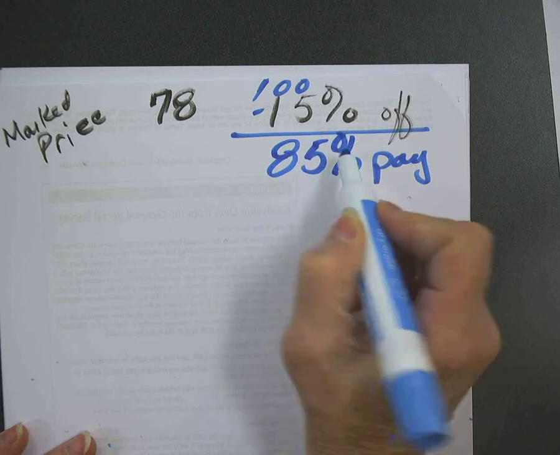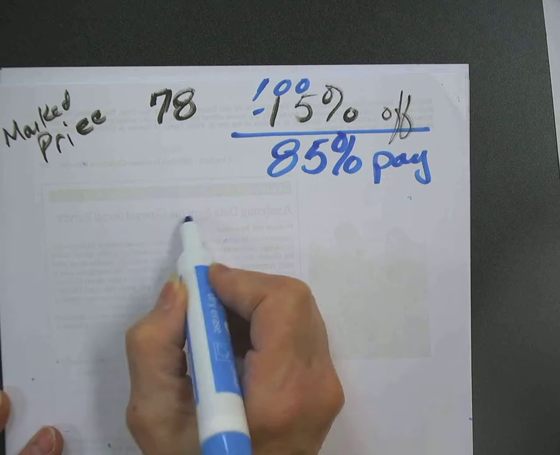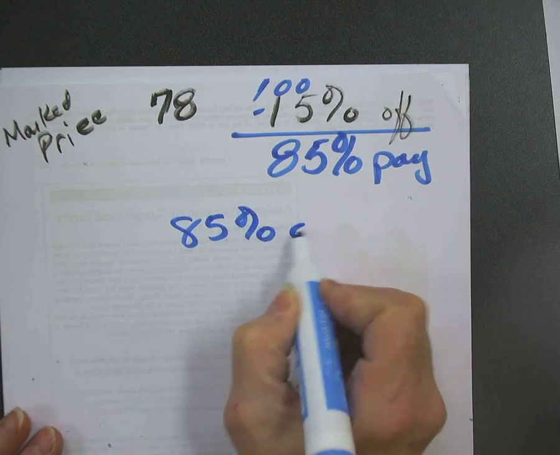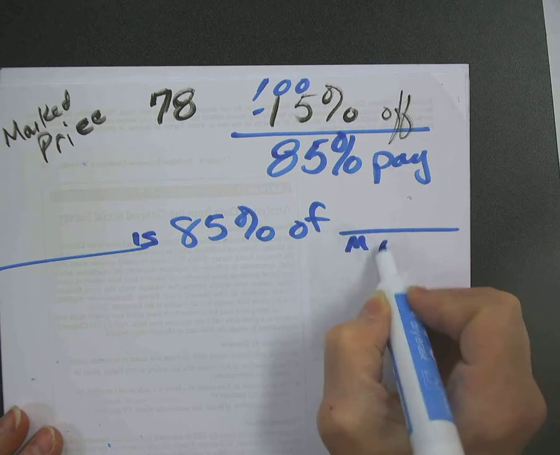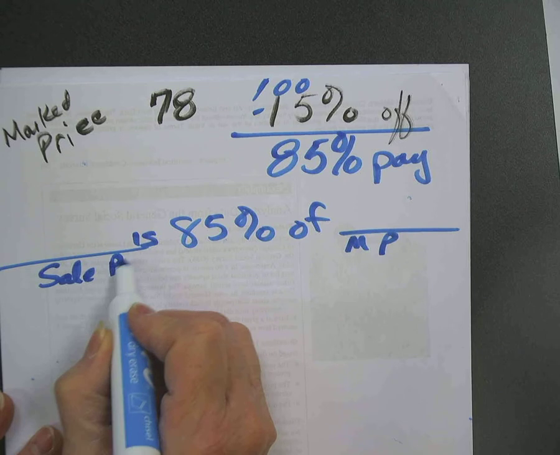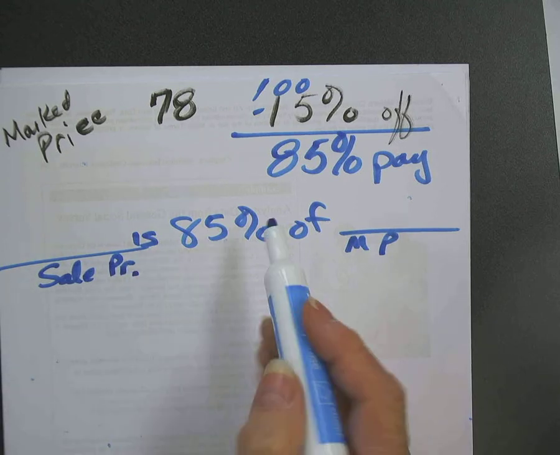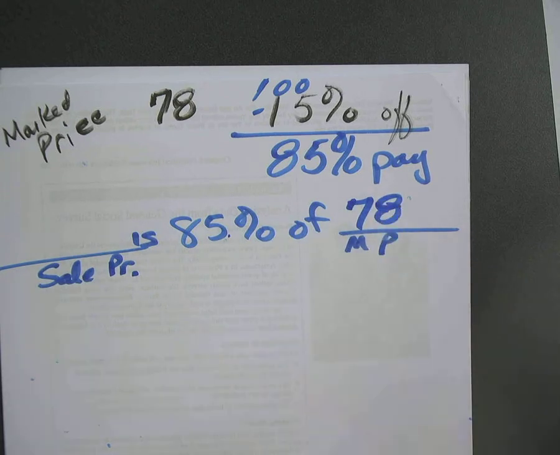Okay. So 85% of the marked price is your sales price, right? 85% of your mark price. Your mark price is $78.